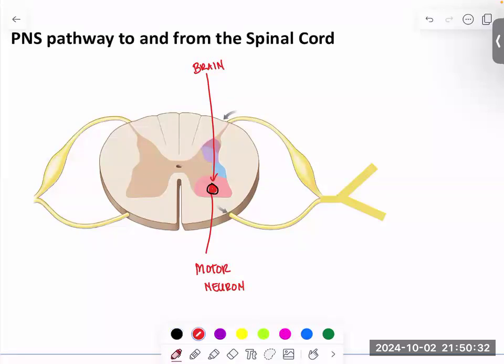That neuron is going to leave into the ventral root. It's going to enter this region. This is where the ventral root and the dorsal root ganglia become one. This is a spinal nerve.